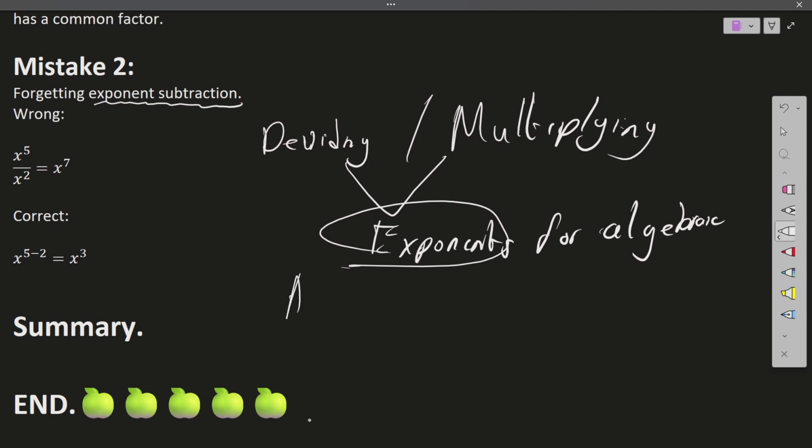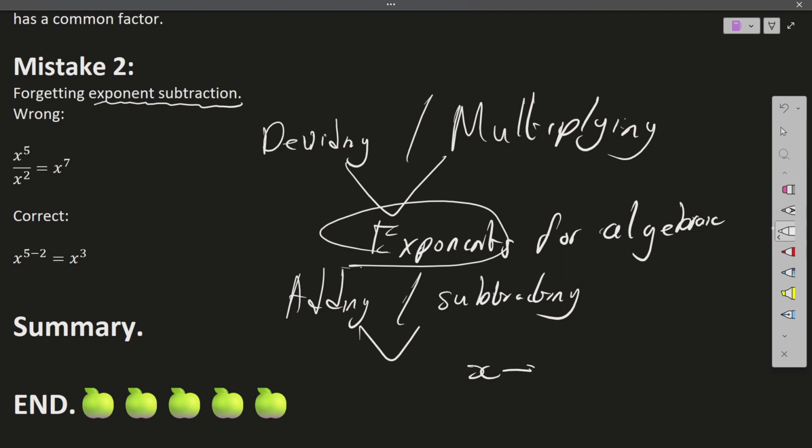But now if you are adding or you are subtracting, you are working with the groups. If you have an x like this, you minus it with another x that is looking like this.